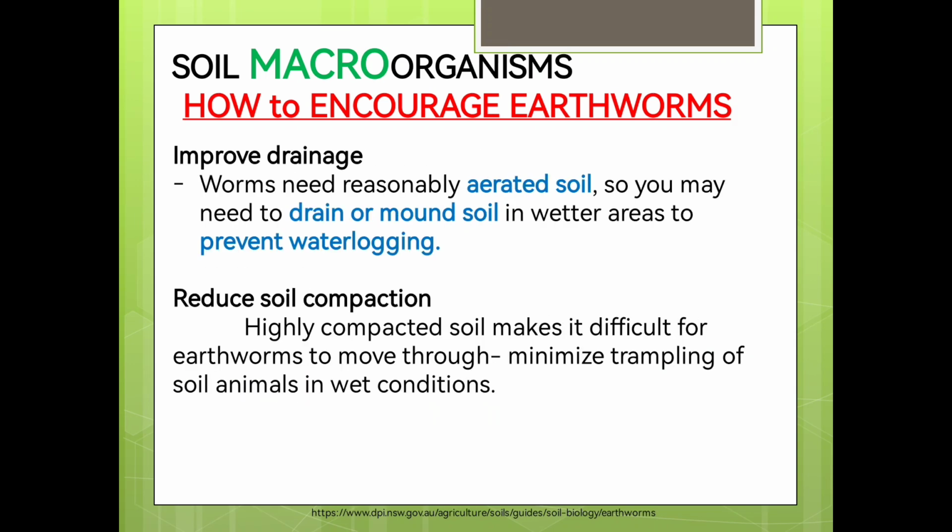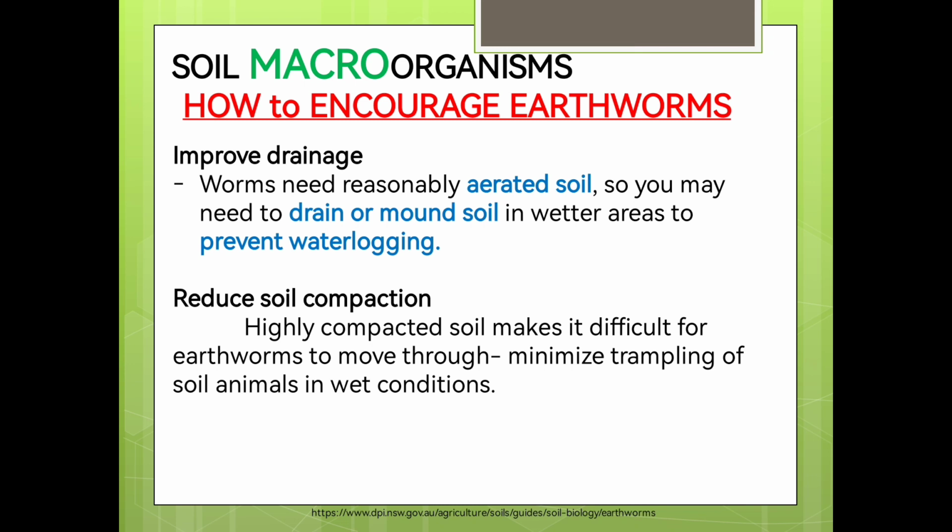And then of course, we need to improve the drainage because worms need reasonably aerated soil. They also need oxygen. So, kailangan nila ng aeration. Aerated soil, may oxygen. And it's necessary to have drainage or mound soil in wetter areas to prevent waterlogging.